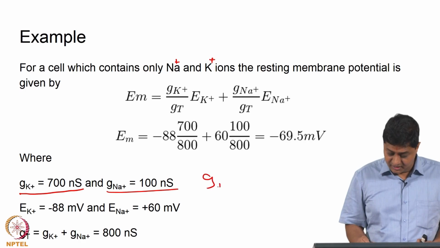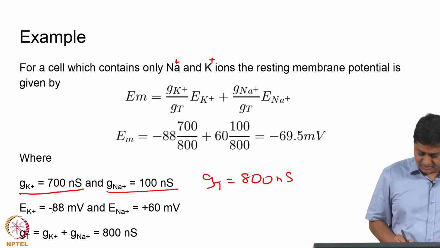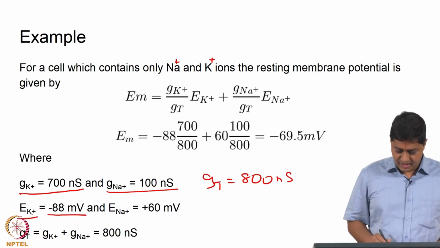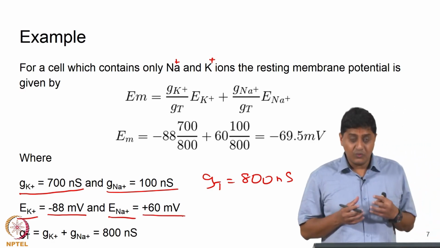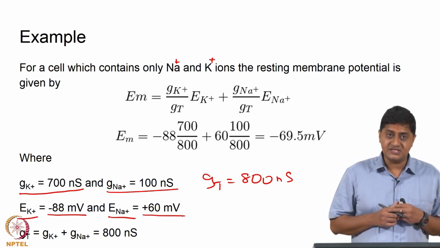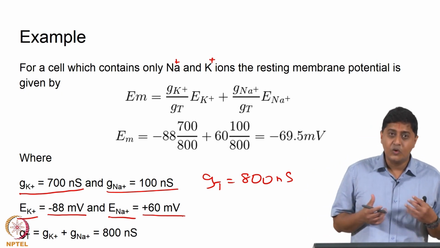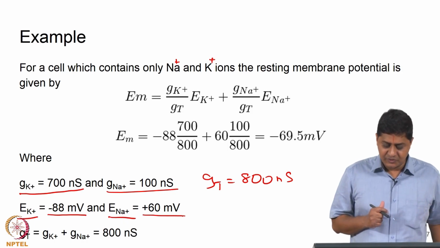So then G_T is basically 800 units, is it not, and let us suppose the Nernst potential for potassium is minus 88 millivolts and that for sodium is plus 60 millivolts. Now we want to know to what extent the membrane potential is influenced by the sodium conductance and potassium conductance. Who is going to play a major role in this? That is easy to compute using this equation.